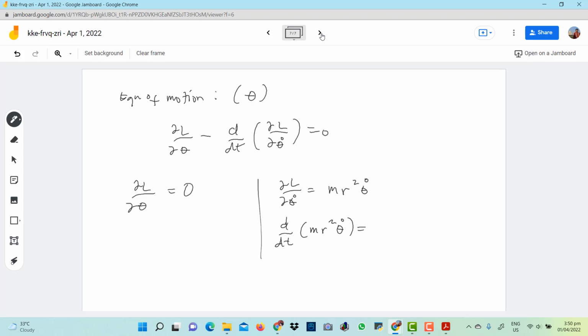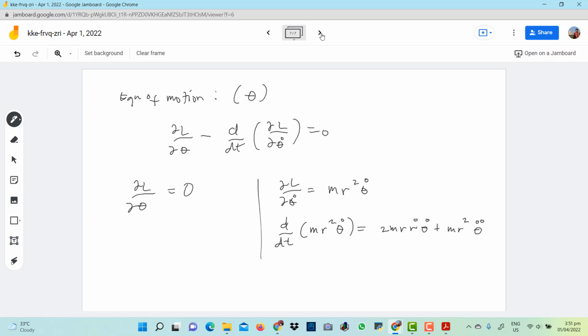With respect to time I use the product rule: 2 m r, differentiating the r first, r dot theta dot, plus, with respect to theta, m r squared theta double dot. Right?